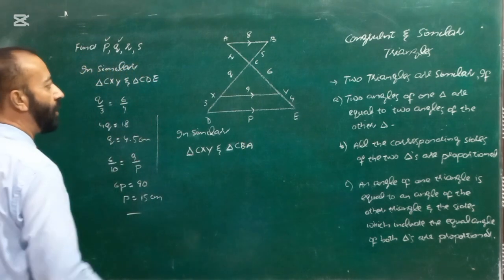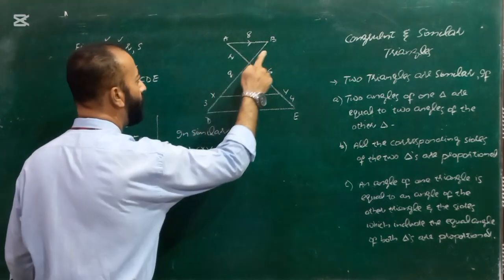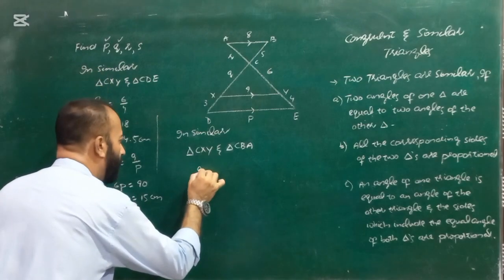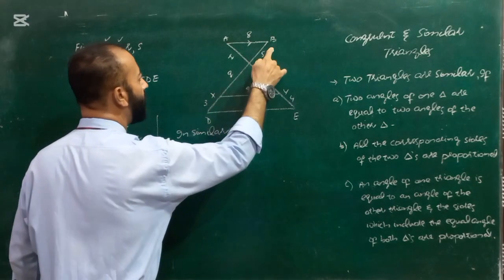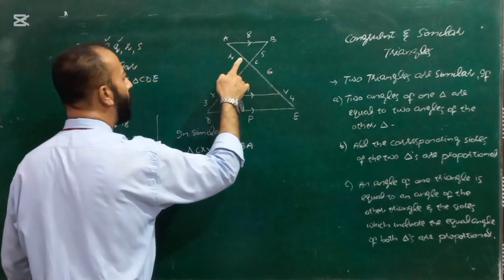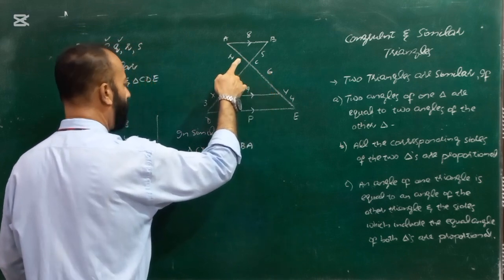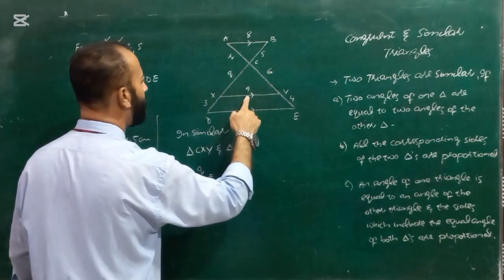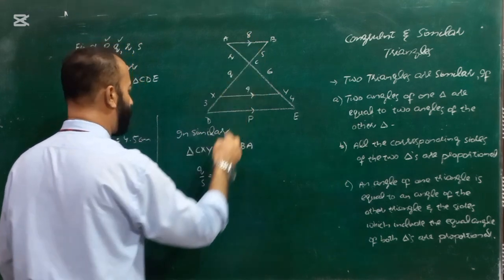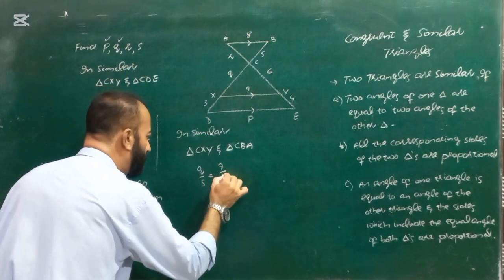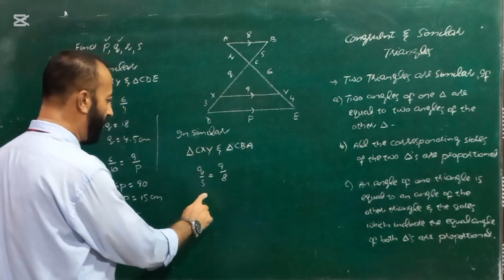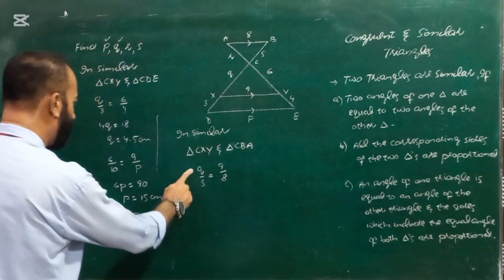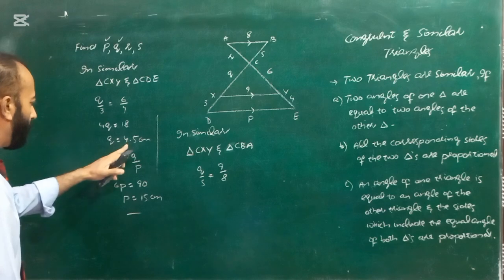So be very careful now. Q over S. So we are moving from here to here. Then 6 over, okay, then 9 over 8, because we have to use one fraction in which both values are given. From here you can find the values now, because Q is 4.5.